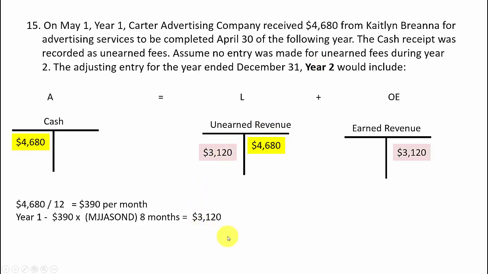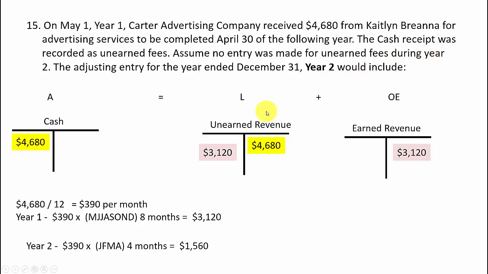notice that we're going to do the following here. In year 2, we've only got January through April, 4 months of this advertising that we have yet to earn. It will all be earned in the first 4 months of year 2, but it says up here, assume no entry was made for unearned fees during year 2.